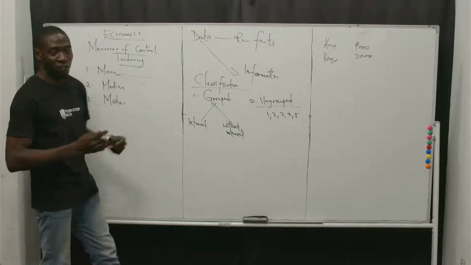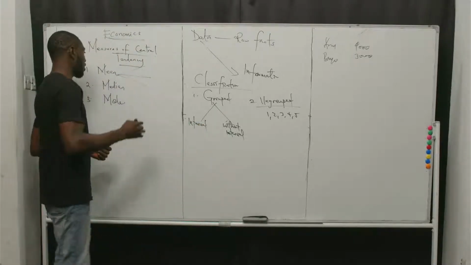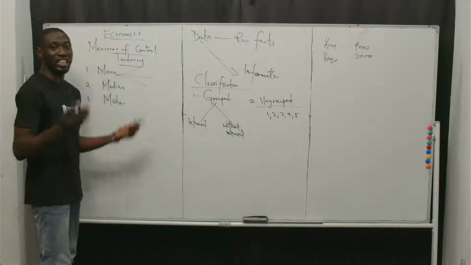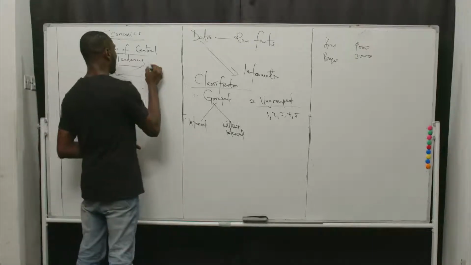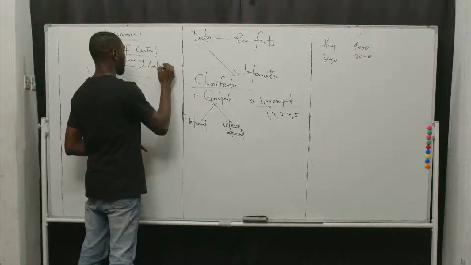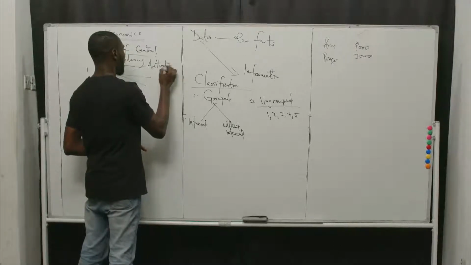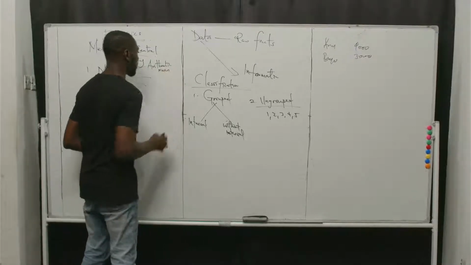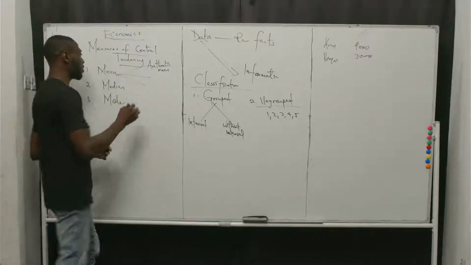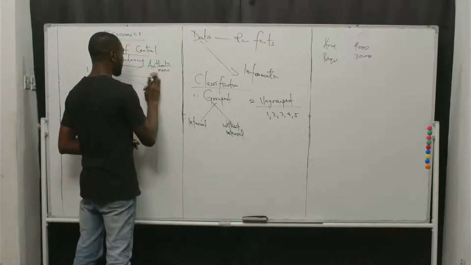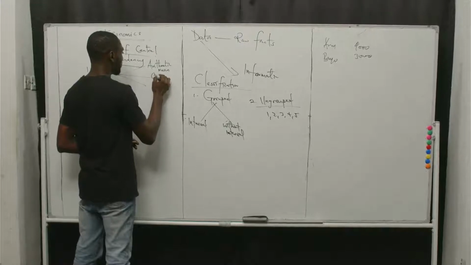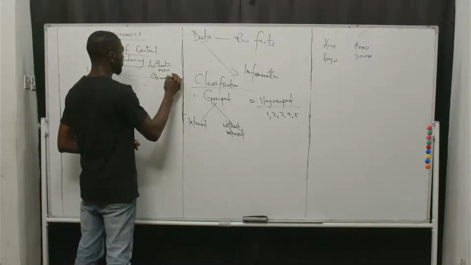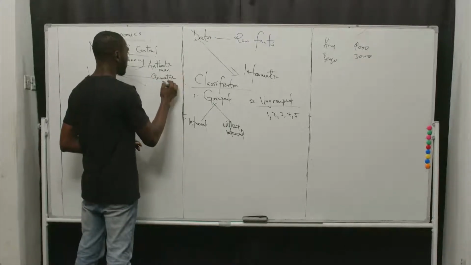Now if you look at mean, it can actually be classified. We have three types of mean. The first type is the general one that we all know, which is the arithmetic mean. Then the second one is called geometric mean.